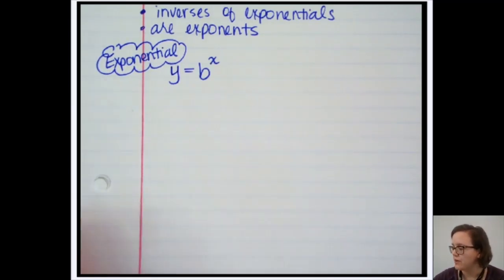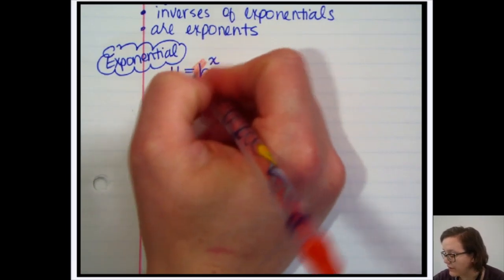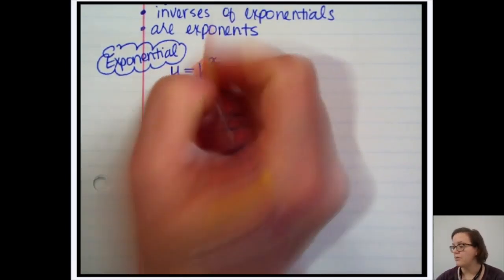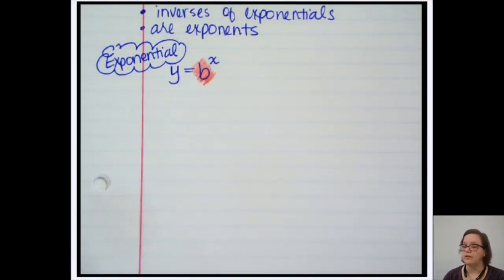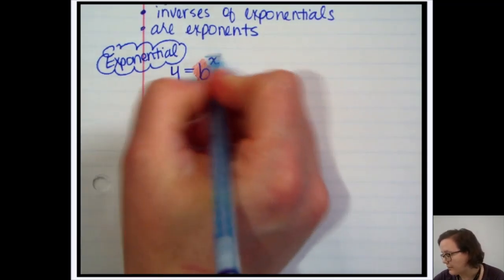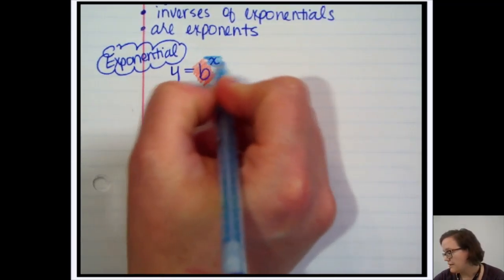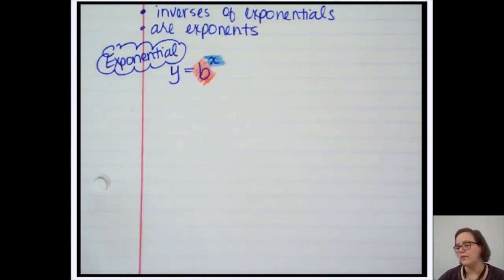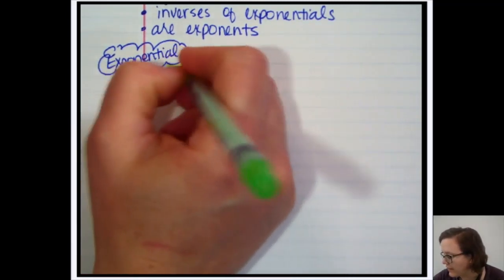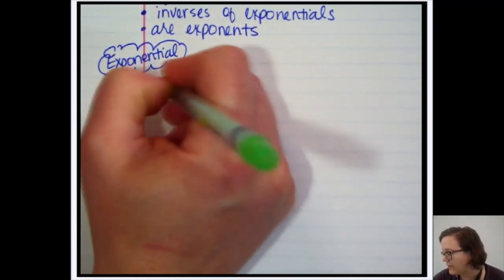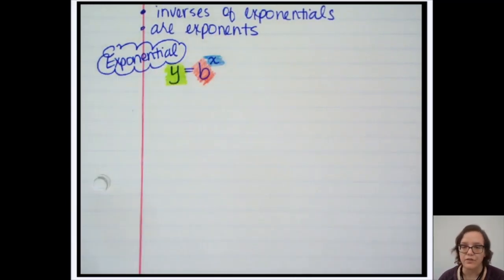We didn't care which, but it had to be positive, and it couldn't be 1, it couldn't be 0, and it couldn't be negative. So that was our base. And then we had our x, which was the exponent. And then we had what we always have, that y, what y is equal to. So this is the exponential that we have been looking at the past few days.